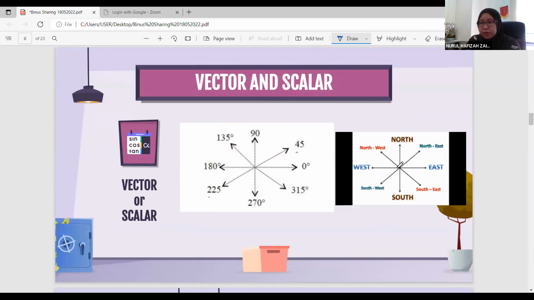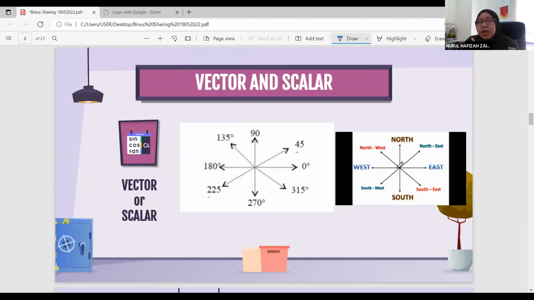Okay, after you learn about dot and cross product and also some operations, like the projection of a vector, I saw one of the subtopics is the difference between vector and scalar. As I mentioned earlier, a vector is a physical quantity that has a magnitude and also a direction, but a scalar only has a magnitude.